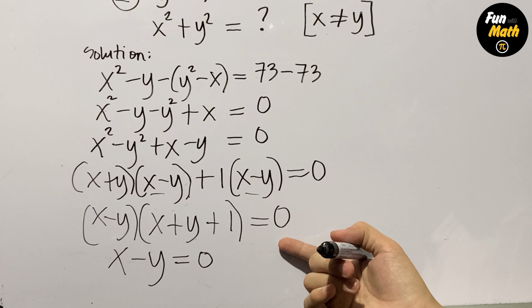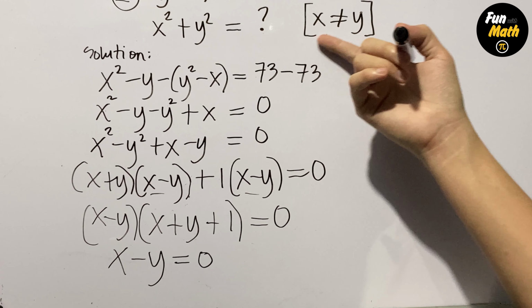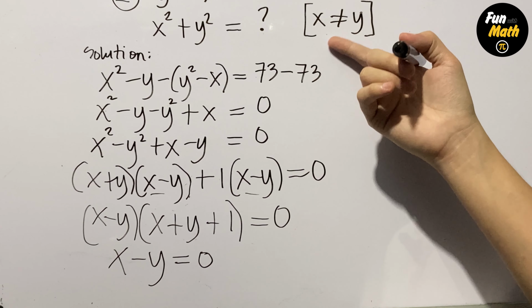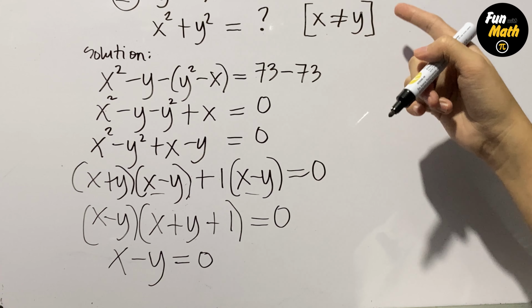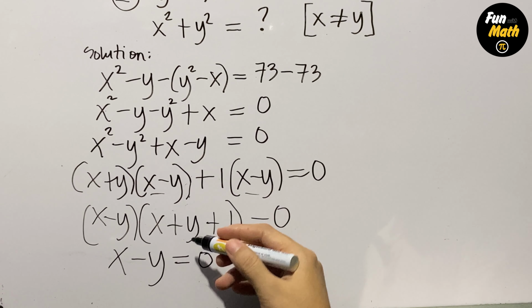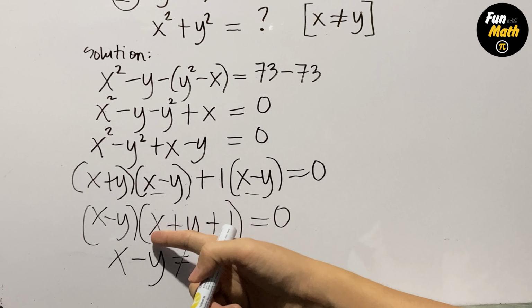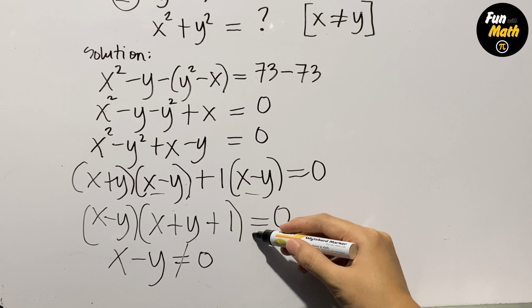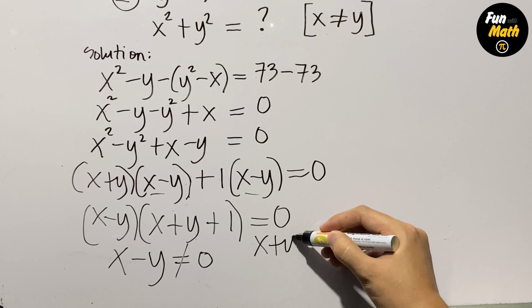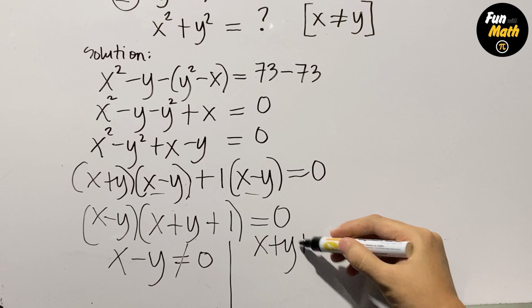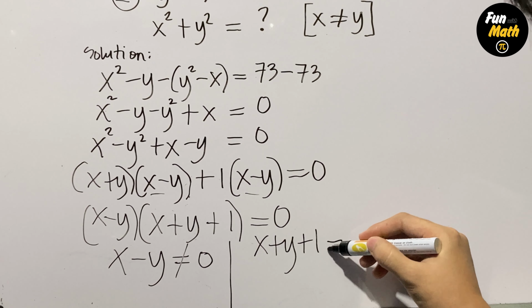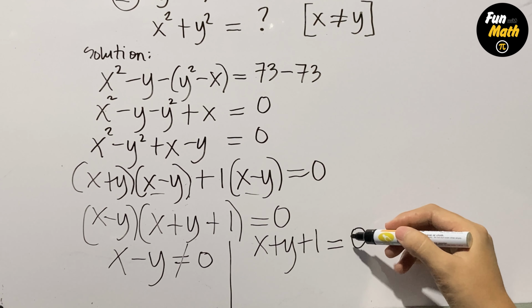And then take note that from the start, it says x is not equal to y. Therefore, we are going to put not equal here. And the second equation, we have x plus y plus 1 equals 0.